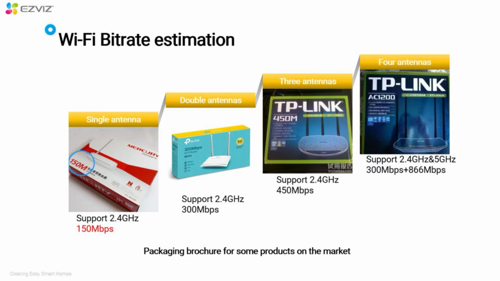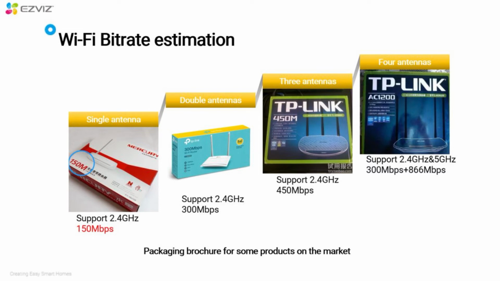And on the package, you can see there's a bandwidth data here, which means it can support 150 megabytes per second speed rate. And the second one is the double antennas router. It supports the 2.4 GHz and 300 megabytes per second speed.